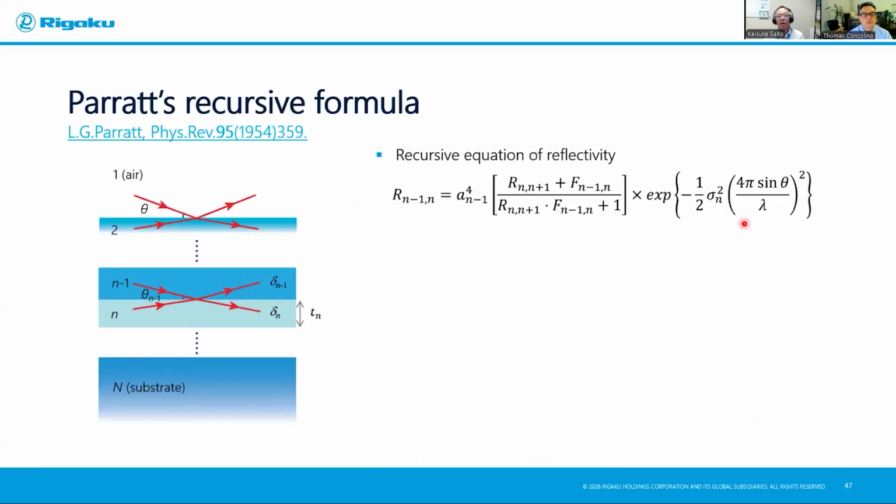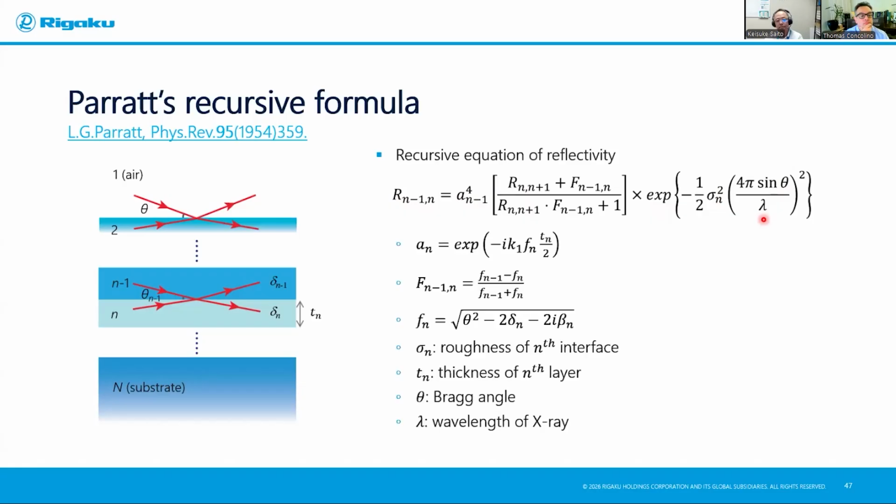All right, so this is how we calculate reflectivity from the multilayer stack. We use the so-called Parratt's recursive formula. This presents the reflectivity R at the interface between the nth and (n minus 1)th layer. The reflectance at this interface is calculated by small a, large R, and large F multiplied by an exponential term, which is a function of sigma, the Bragg angle theta, and the X-ray wavelength lambda.